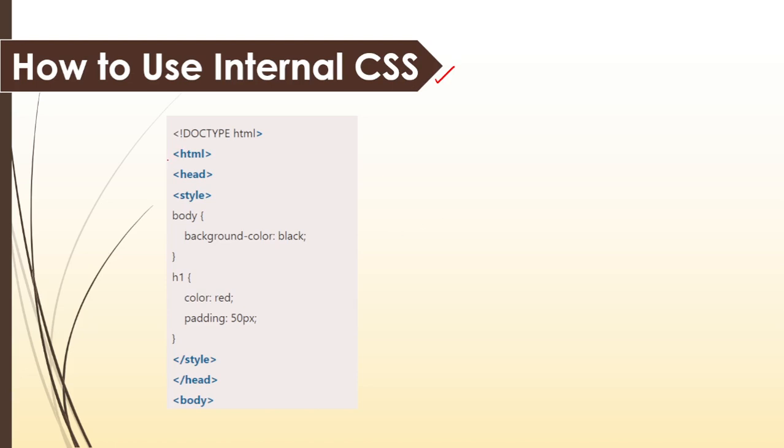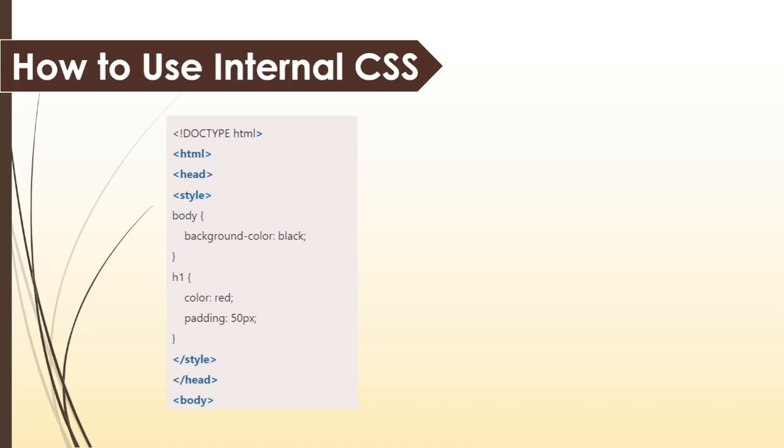You can see here, this is HTML, head, and after this head section, you need to write the style tag, and then we need to close the style tag. After that, close the head section and then start the body tag, and after that you can write your HTML code as it is, as we have told in the previous HTML lecture series.